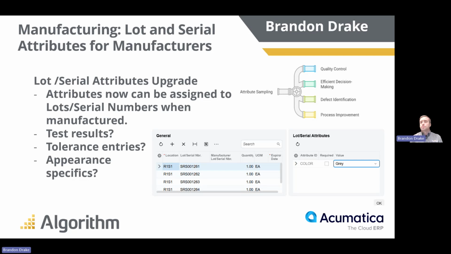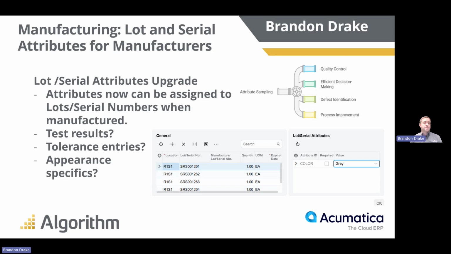So this is going to be when the lot and serial, either the serialized item or when the lot is created. So it's going to be on that last operation usually when you are creating these items. Now, there are some things that we need to assign to do this, but these are going to be information that's captured at the manufacturing process, where that information is most readily available.